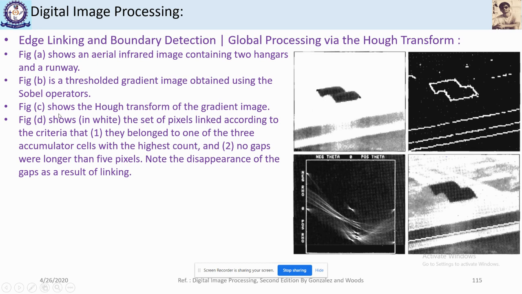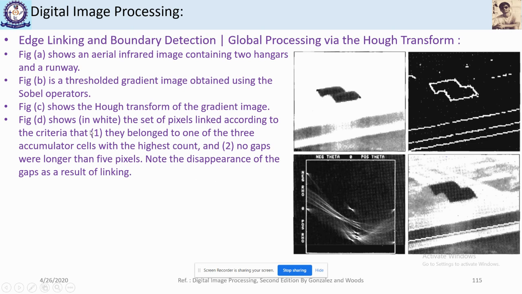Then C shows the Hough transform of the gradient image. Here we see that the locus of each point in the Hough transform is sinusoidal. Now we get image D.